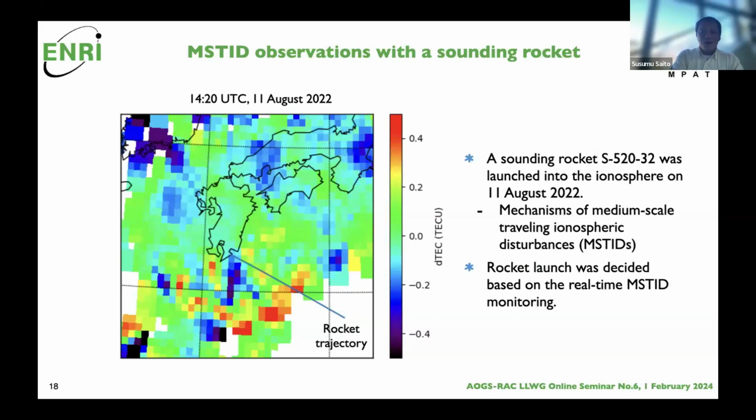Because we need to know if the MSTID event is occurring just before we decide to launch a rocket, this real-time monitoring system was used to decide if the rocket should be launched or not. Of course, in post-processing, we are comparing the TEC data with the sounding rocket measurement data.